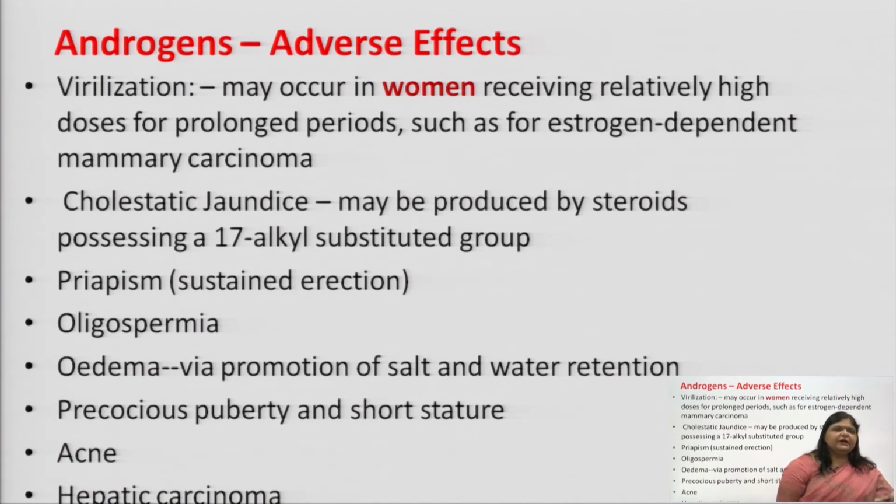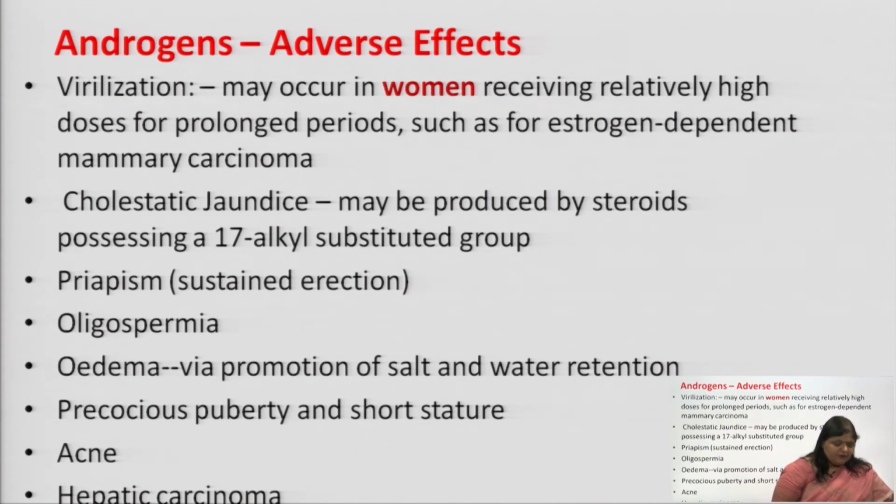Now, these androgens can lead to various adverse effects also. The most important adverse effect is virilization, that is, if a woman receives these androgens for a very prolonged period, it can lead to virilization, infertility also, and it can also lead to mammary gland carcinoma, that is the carcinoma of the breast.